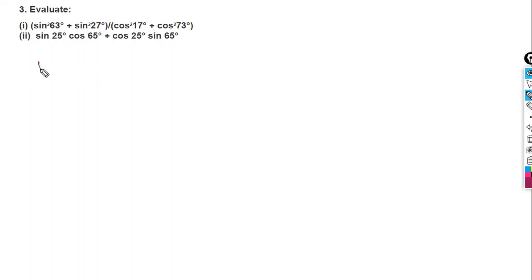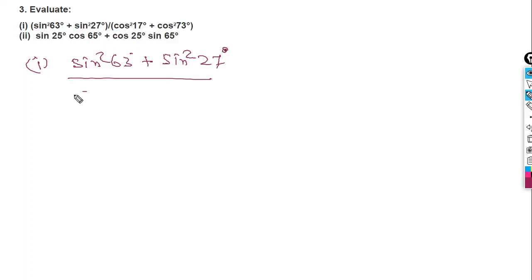I: sin square 63 degree plus sin square 27 degree divided by cos square 17 degree plus cos square 73 degree equals to, now you see 63 and 27 have a very nice relation.